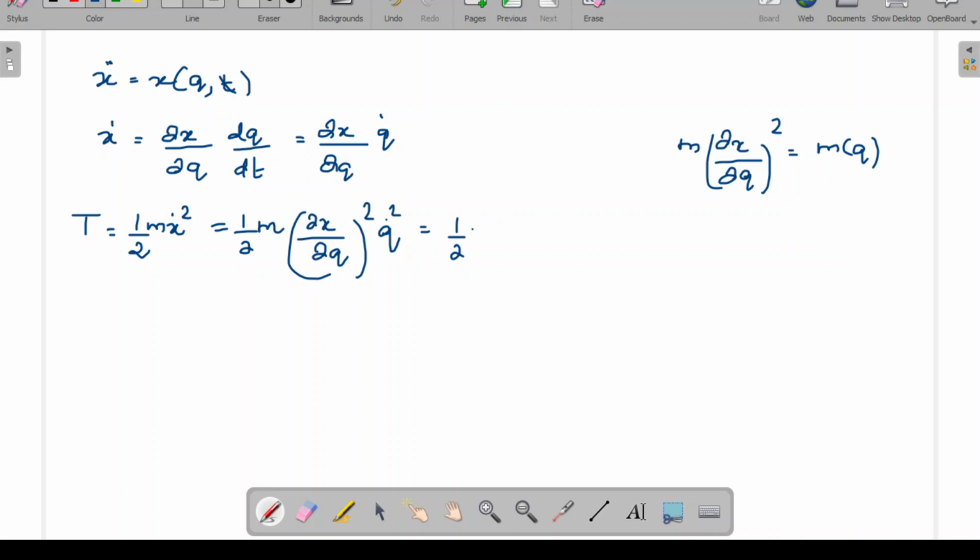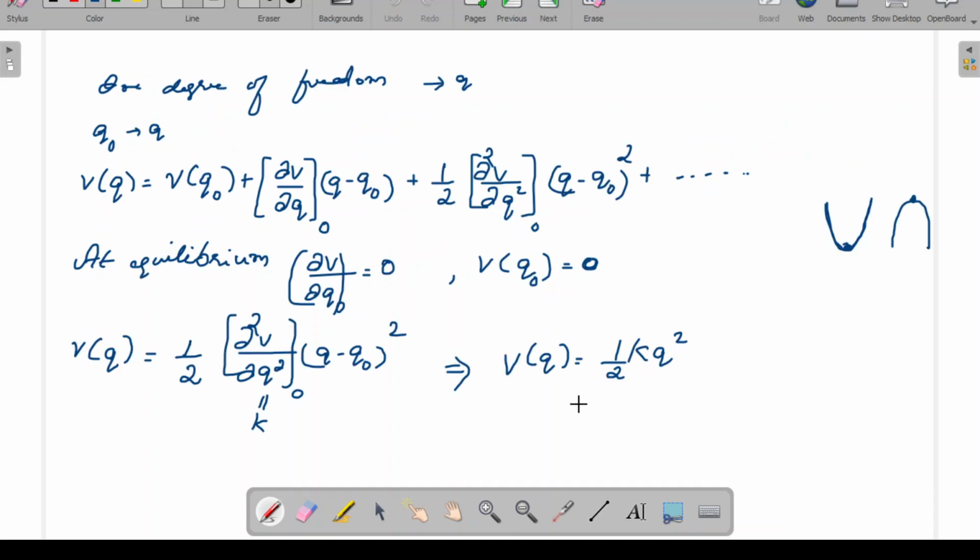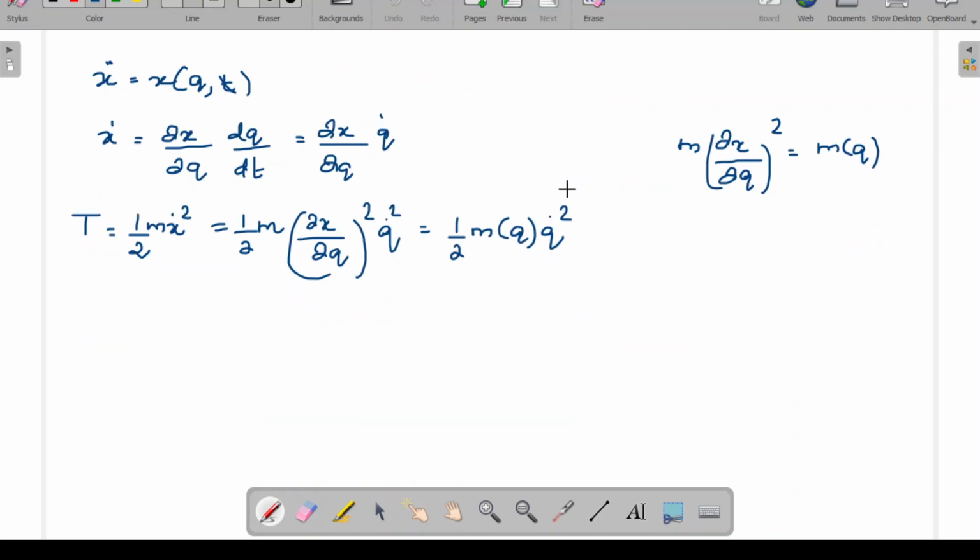Then I can write this as half into m of q into q dot square. So we got the general expression for kinetic energy. In the previous discussion, we got the potential energy, and now we got the equation for the kinetic energy. Now this coefficient m of q can also be expanded in terms of Taylor series.